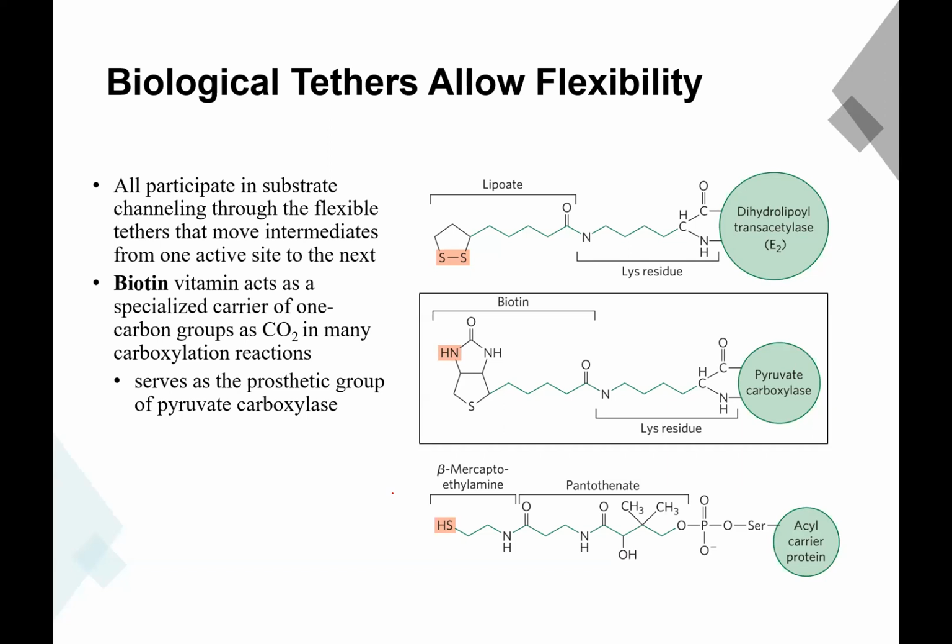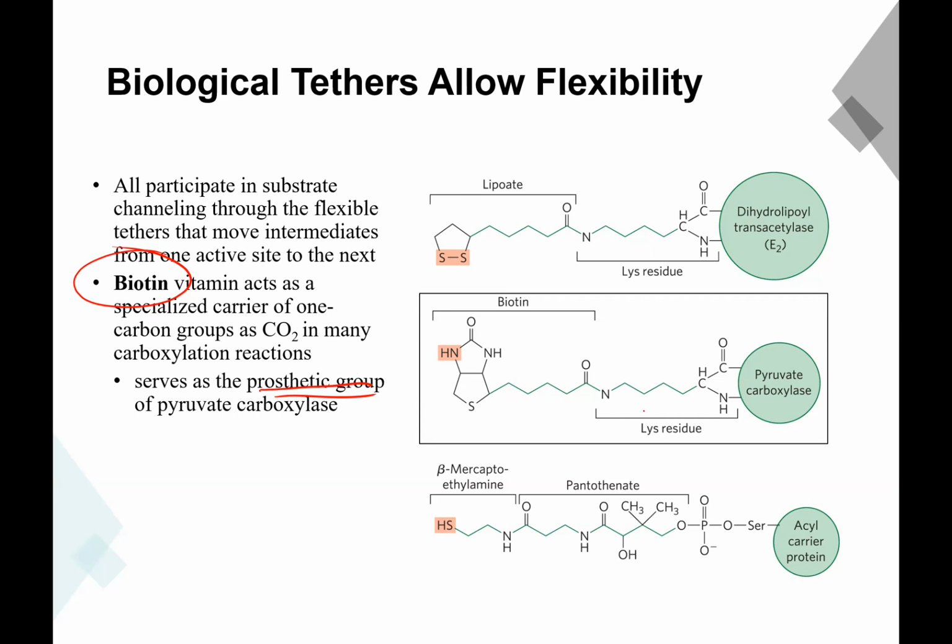We're going to introduce biotin here as one of these coenzymes. This biotin is a coenzyme for the pyruvate carboxylase reaction. And it's a prosthetic group like we saw with TPP and lipoate and all that.